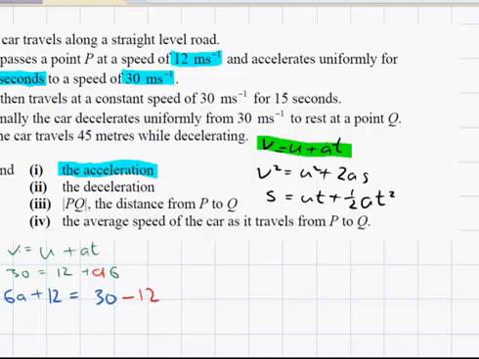The minus 12 and this plus 12 cancel, and we get 6a is equal to 30 minus 12, which is just 18.